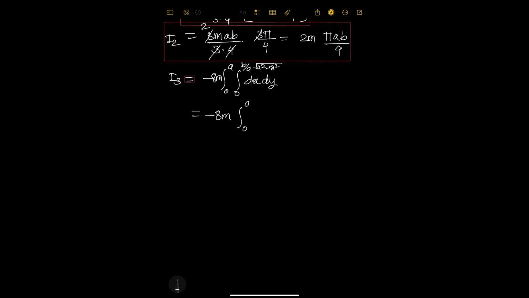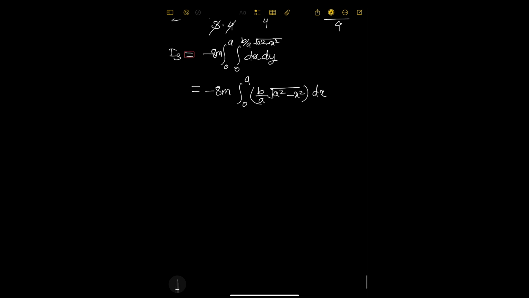Minus 8m into 0 to a, b by a root a square minus x square into dx.